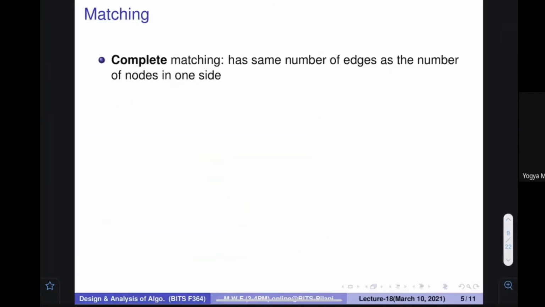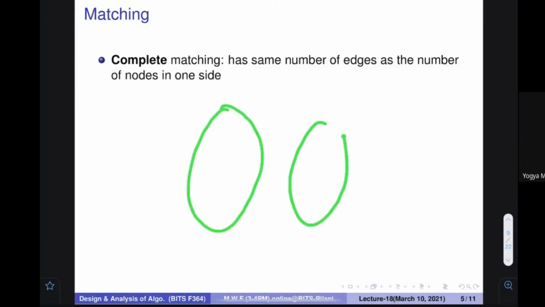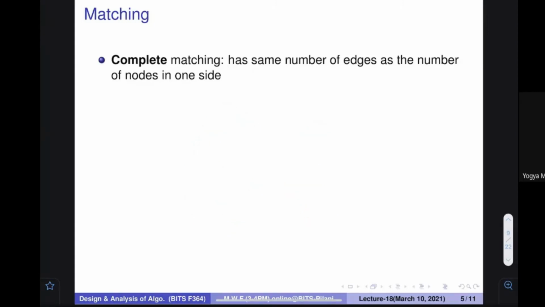So we are talking about the complete matching. Complete matching means it has the same number of edges as the number of nodes in one side. So definitely, for example, if here 4 things are there and here only 2 things are there, in that case, whatever matching you come up with, it is going to connect all the things on this smaller side.